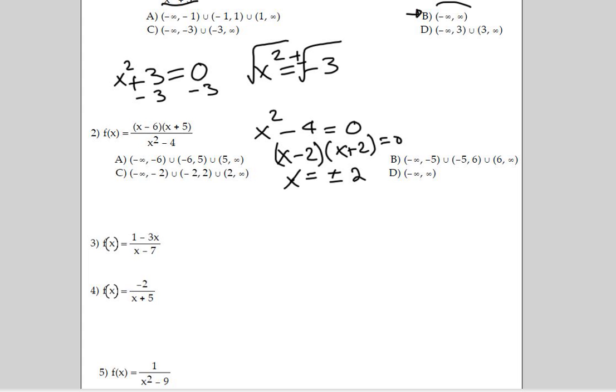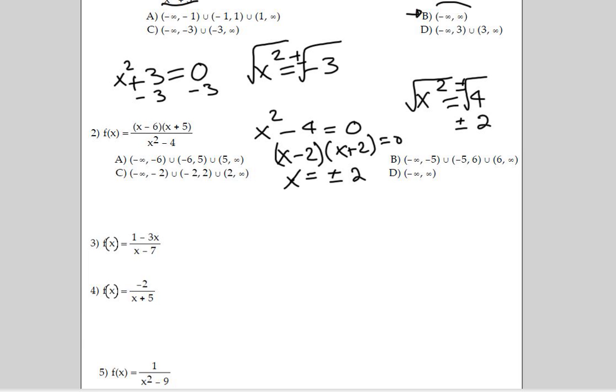Or you could have just added 4 to the other side and taken the square root of both sides. So we get plus or minus 2 there. So these are the values that x cannot be. X can be anything other than plus or minus 2.